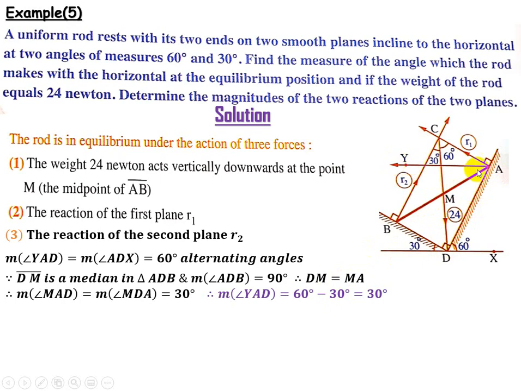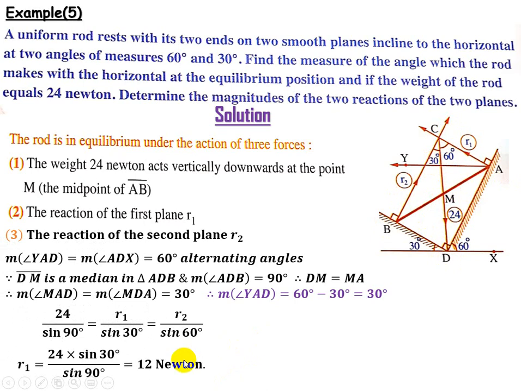So the needed angle YAB equals 60 minus 30, it will be 30. Applying Lami's rule, R1 over sine 30, R2 over sine 60, and the weight 24 over sine 90. So the reaction R1 equals 12 Newton and R2 equals 12 root 3 Newton.